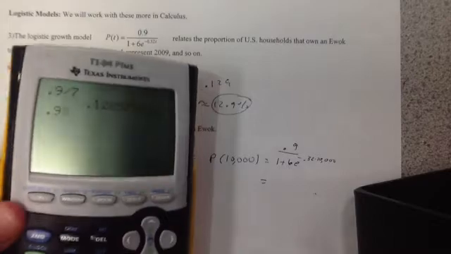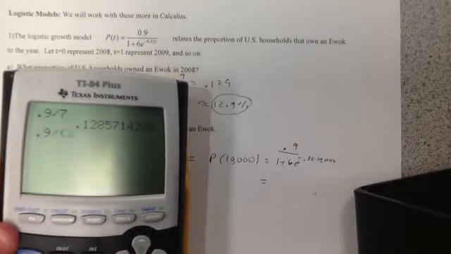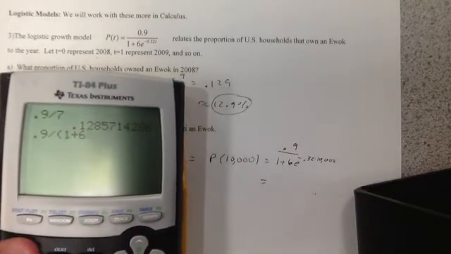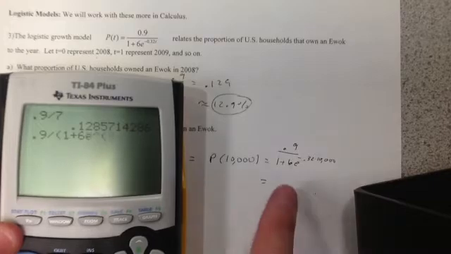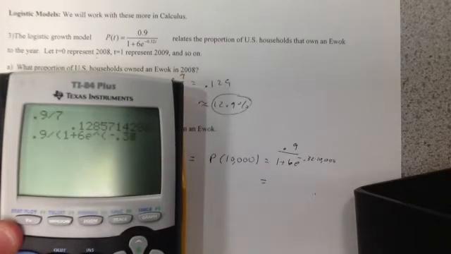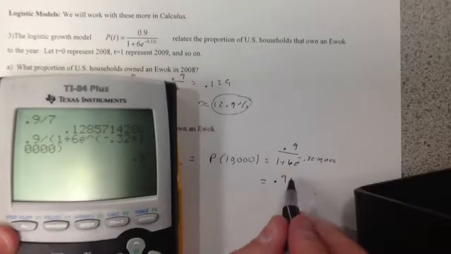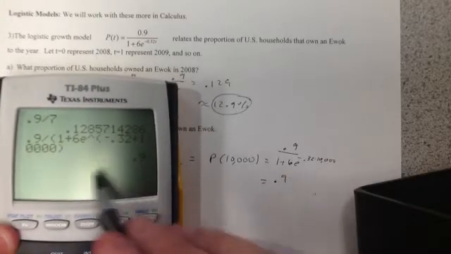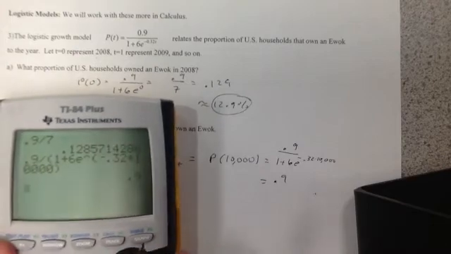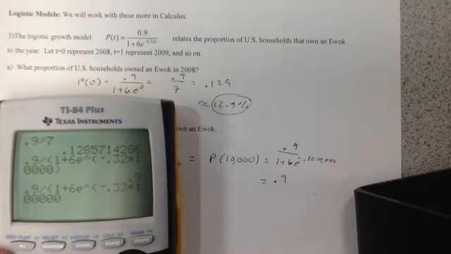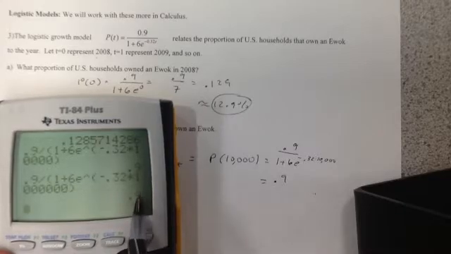We type that in our calculator: 0.9 divided by 1 plus 6 e to the negative 0.32 times 10,000. I hit enter, and what do I get? 0.9. So what that means is even if I go 10,000 years into the future, let's even do 1,000,000 years, just add 2 more zeros, it's still 0.9.